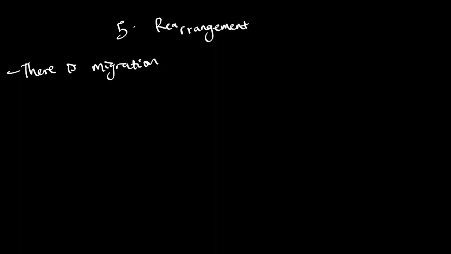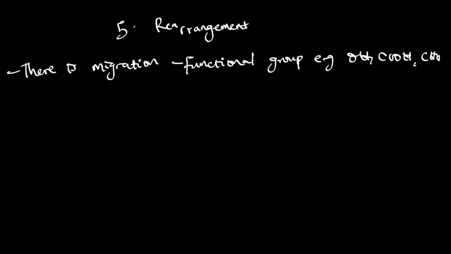Most likely it's a functional group that is migrated. I hope you know what a functional group is by now. For example, it can be OH, COOH, CHO, and so on. We'll talk about that more. Let's talk about an example of this rearrangement reaction.